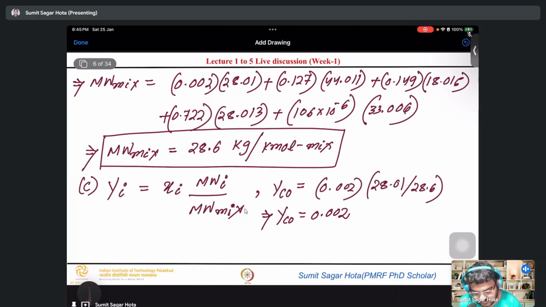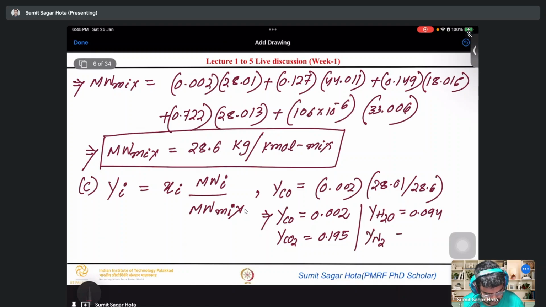Similarly we can find out the other values by using this formula. So this is the formula.